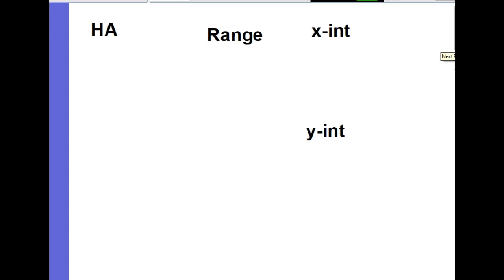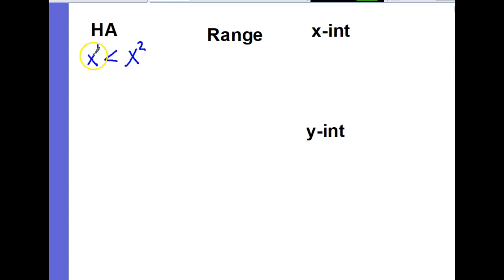To find the horizontal asymptote, you have to compare the degrees. We have a 3x, and on the bottom we have an x squared. If you have more than one x in the numerator or more than one x in the denominator, you compare the biggest one. It's not the 3 that we're comparing, it's the x's. And it's not even the x's, it's the degree on the x's.